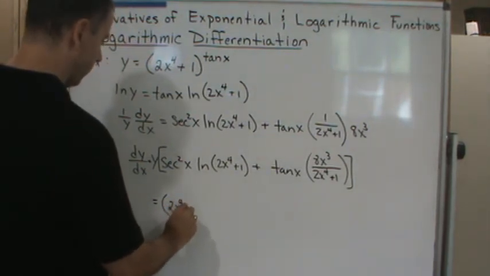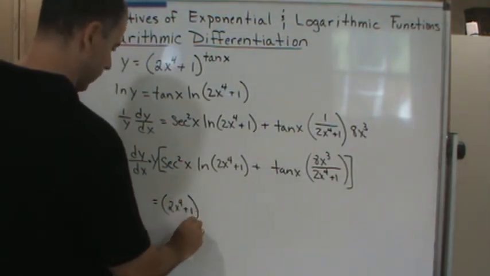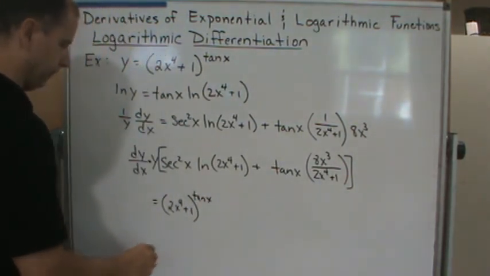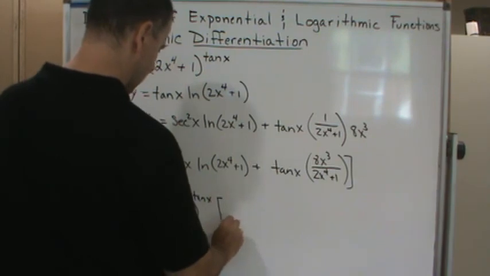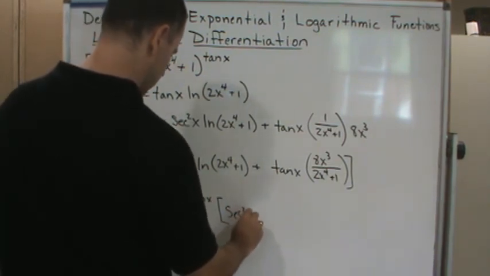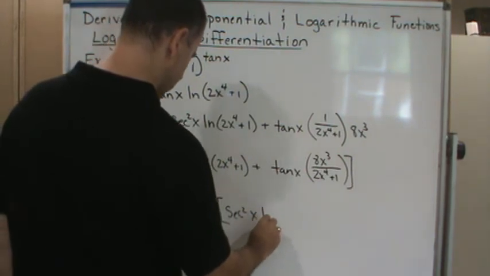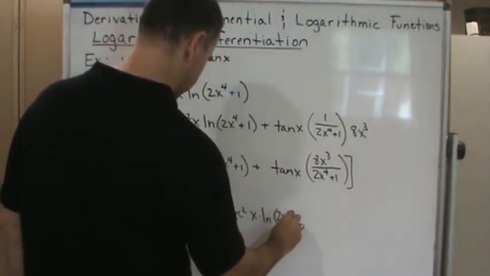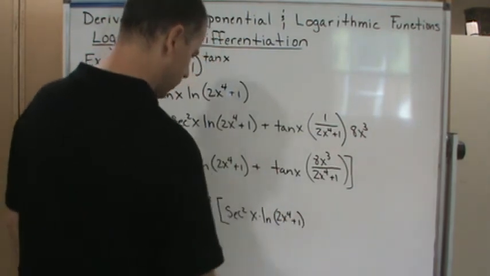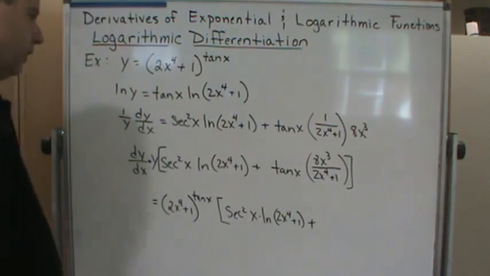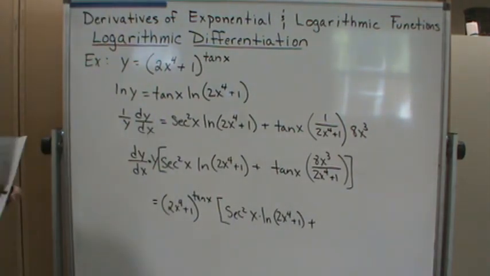2x to the fourth plus 1 raised to the tangent x power times secant squared x times the natural log of 2x to the fourth plus 1 plus, do I bring that tangent in?